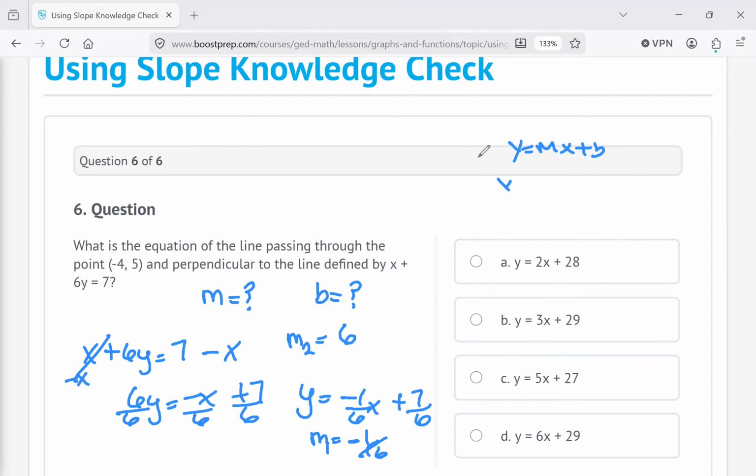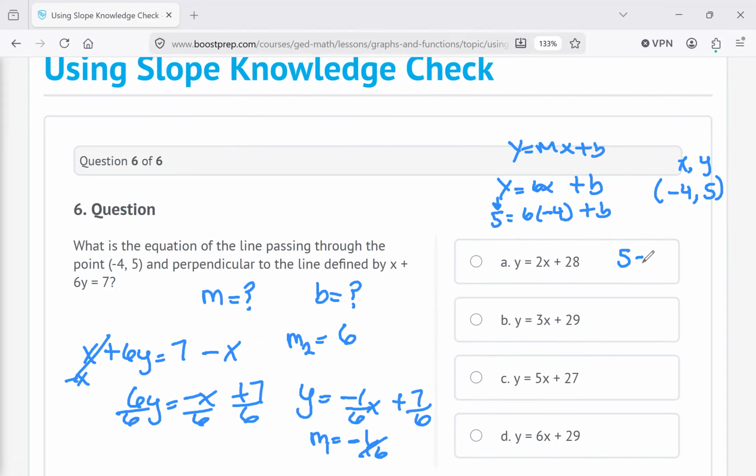So our equation is going to be y equals 6x plus b. Now, do they give us a y-intercept? No. They only give us a random point, -4, 5. So you plug in this point in order to solve for b. I replace my y with 5 and my x with -4, plus b.